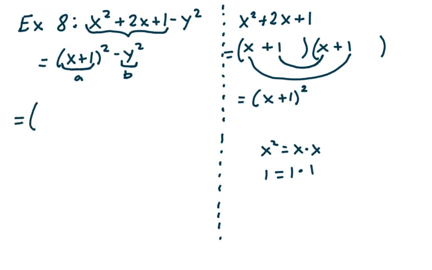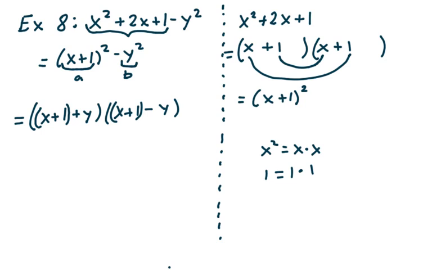So my first factor is a plus b, which is x plus 1 plus y. My second factor is a minus b, which is x plus 1 minus y. And if it helps, you can put this x plus 1 in parentheses to emphasize it's a plus b times a minus b.